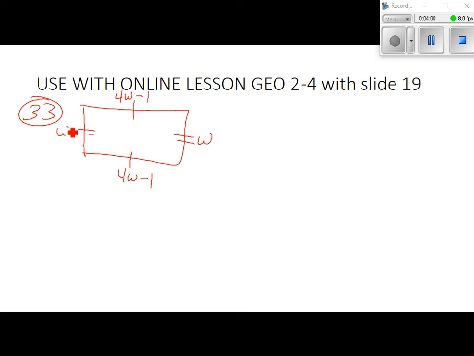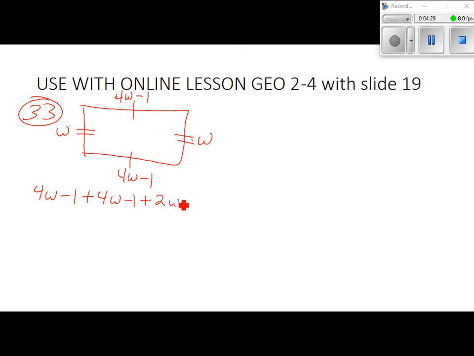And they tell us that the whole perimeter is 88. What are you going to do with all these to find the perimeter? Add them all up. So tell me what to write down here for my equation. 4W minus 1 plus 4W minus 1 plus W plus W, so you're adding them together.